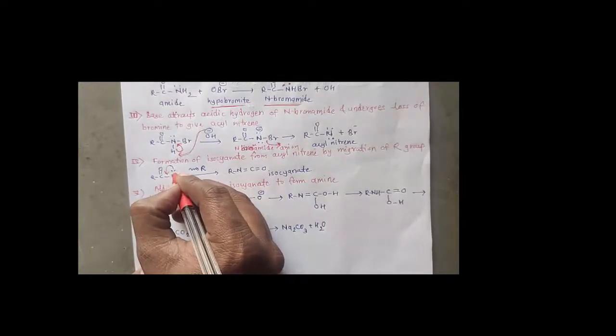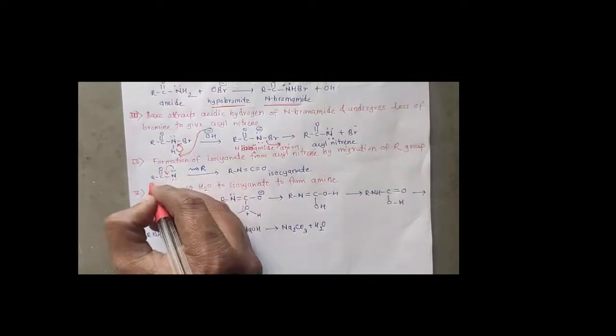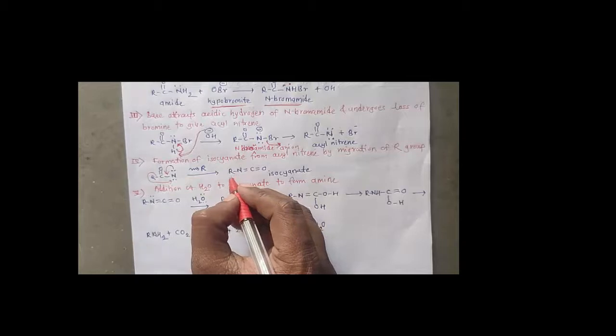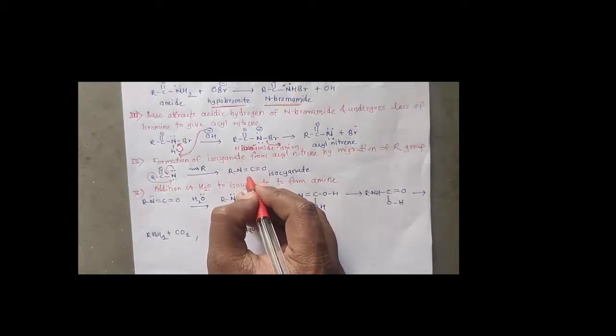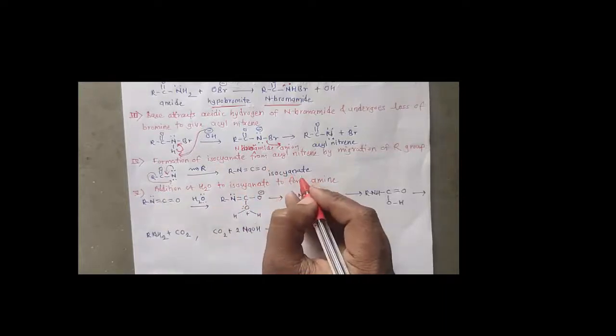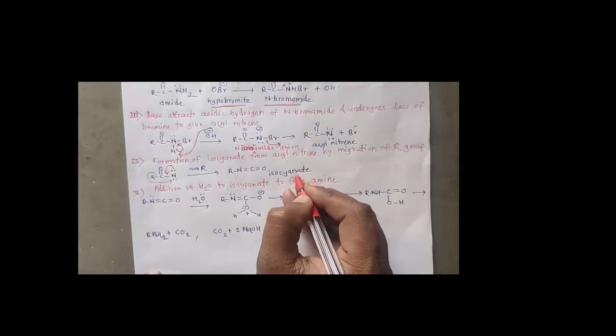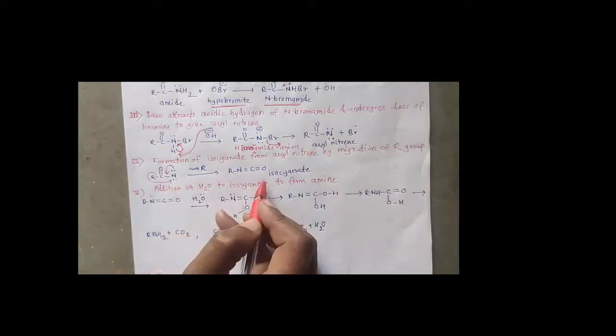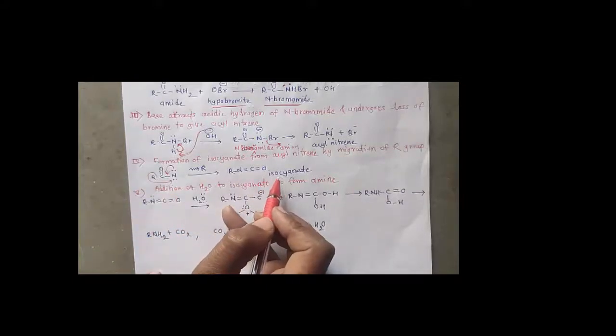The lone pair of electrons gets shared between this carbon and nitrogen, and the R group migrates towards the N along with its bond pair, forming R-N=C=O. That means the isocyanate is formed. Actually isocyanate is often referred to as an intermediate, but the intermediate formed in this reaction is nitrene. So in the fourth step, the isocyanate forms from the acyl nitrene with migration of the R group.